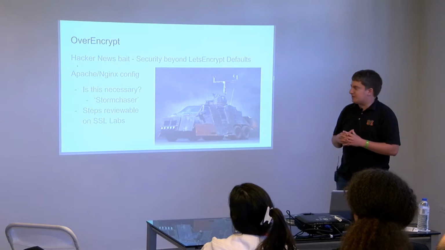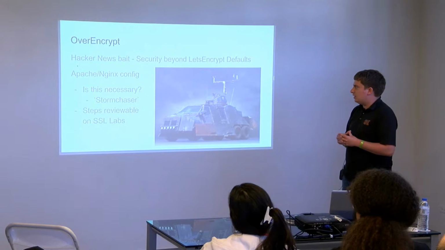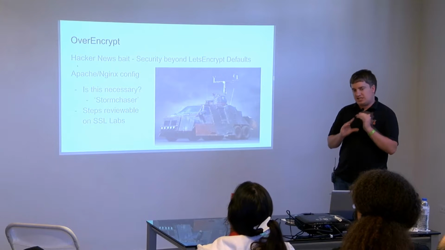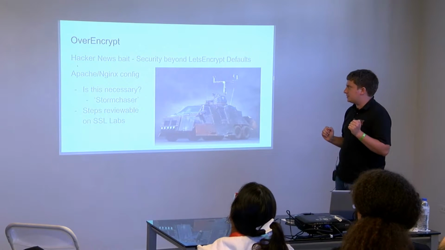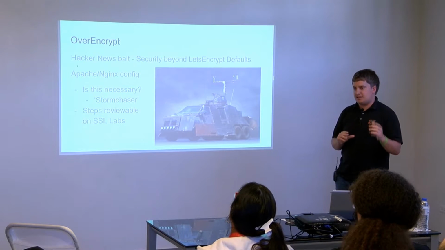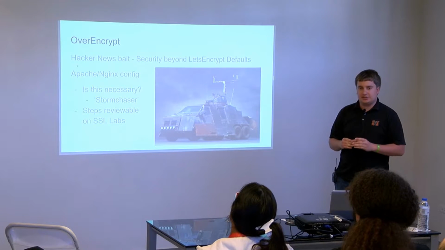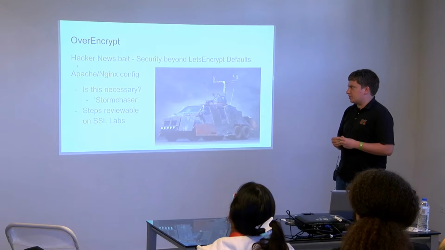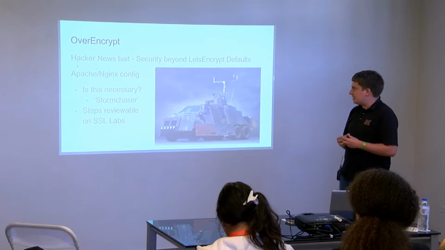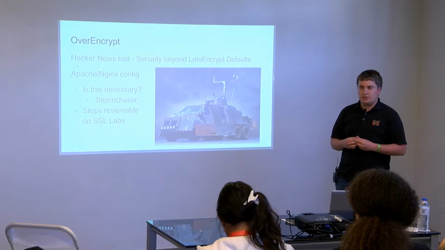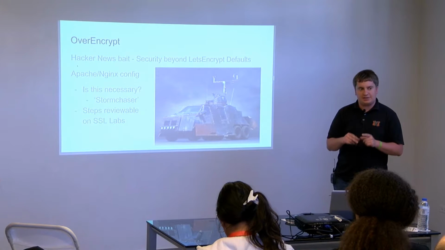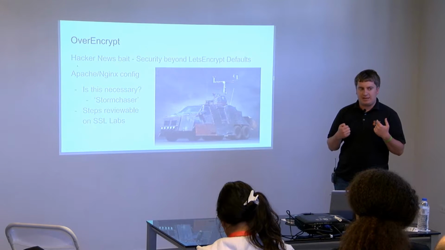A few months ago, maybe more, I created this gist on GitHub called OverEncrypt. It talks about going beyond the default settings that LetsEncrypt gives you and trying to make it more secure. Is this necessary? I'm not really sure. It's more of you saying, if I have an A on that grade, what would it take for me to go up to an A+?